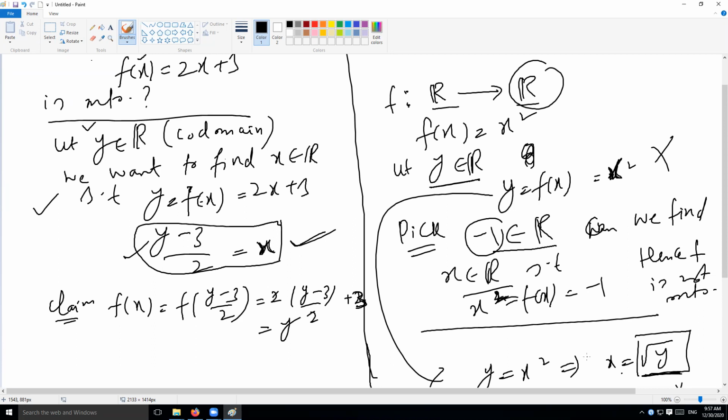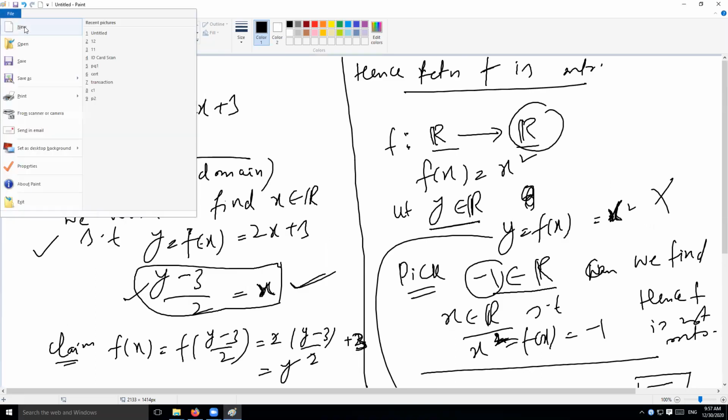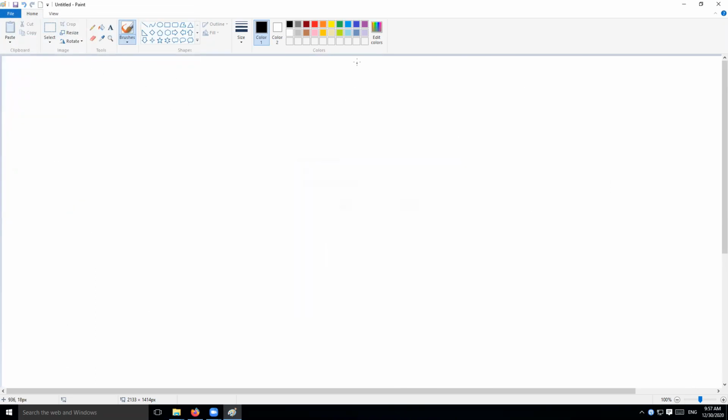Here is an interesting example. So this is really a little theorem actually.